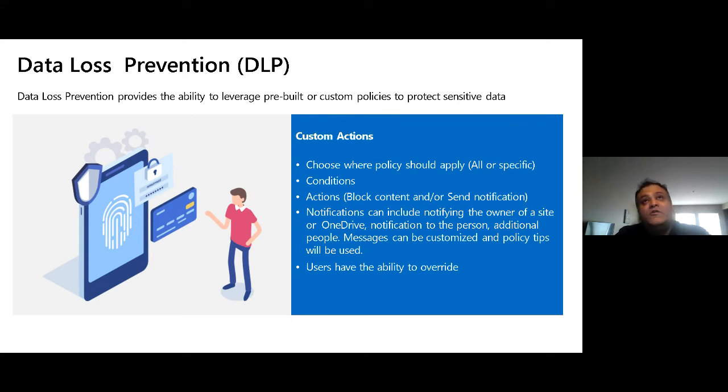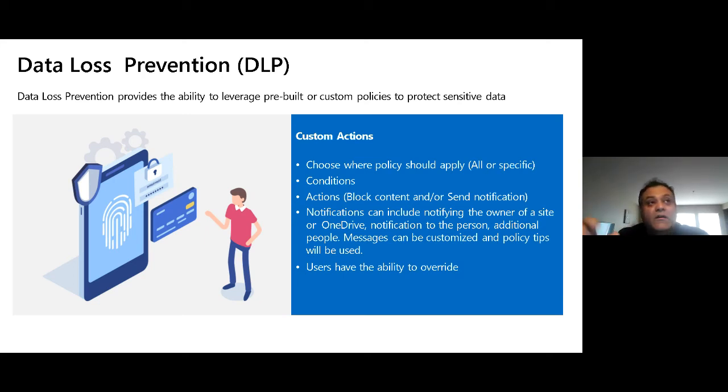Also understand that you should have a policy around custom actions and conditional access points defined. So if something bad happens, let's say that I accidentally upload a credit card number, what action is going to be taken? Am I going to block the content and or send a notification? Or am I going to tell the person, hey, are you sure you want to do this?